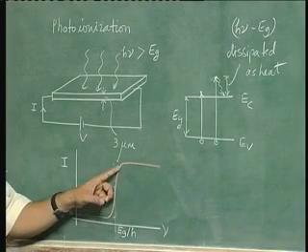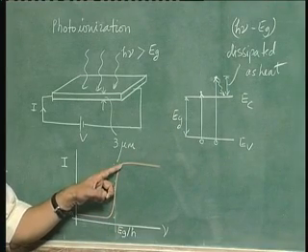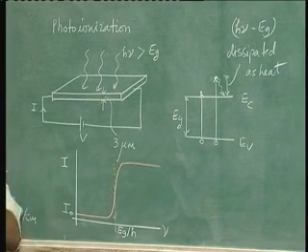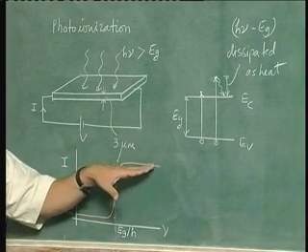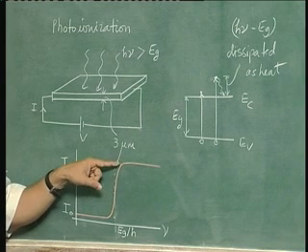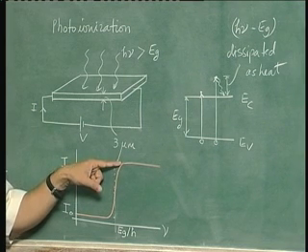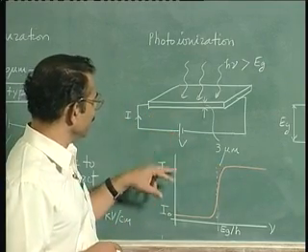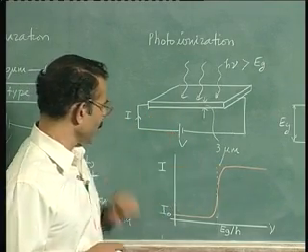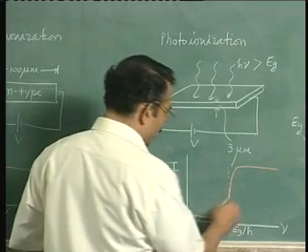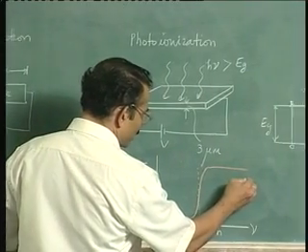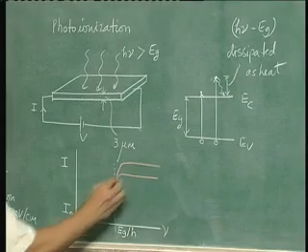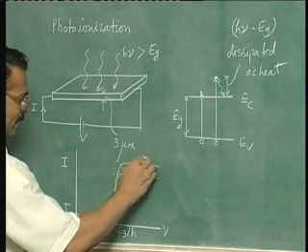Now therefore you note that if you have some way of removing the heat from the sample so that the sample is kept at uniform temperature, then this is the picture that you will get: there are a certain number of excess electron hole pairs created, which are going to increase the conductivity of the sample, and therefore the current is increasing to this value. Now if your intensity of light is less, then the final current that you are getting will be less, okay. So this is increasing intensity.